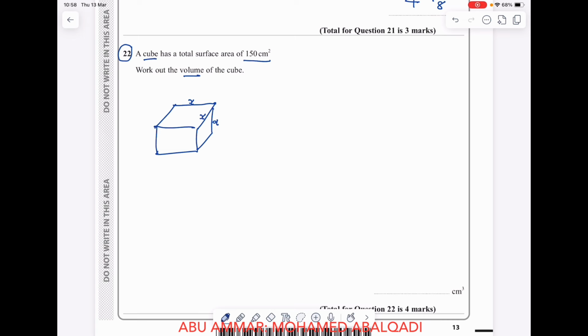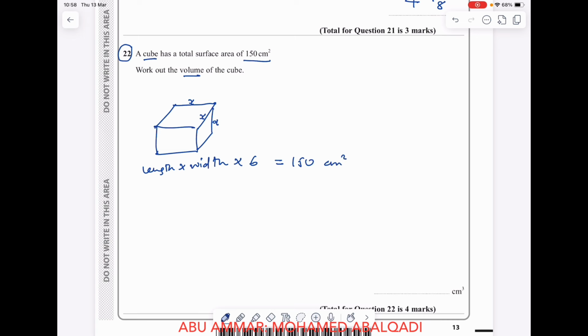So we are told the total surface area of the cube is 150 square centimeters. So as we know, the area is length times width times the number of sides the cube has, which is 6, and which will give us 150 square centimeters.